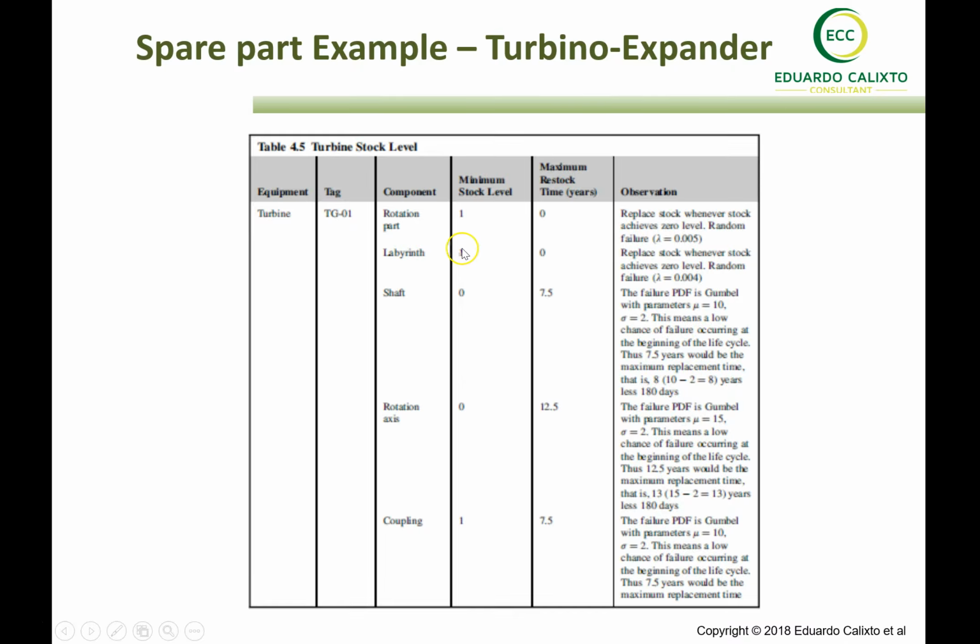So it's very risky having no spare parts. In this case we have an exponential PDF representing the time we expect to have failures for the specific component, in this case the labyrinth. Because of that, we have one spare part, and we replace whenever the spare part gets to 0.